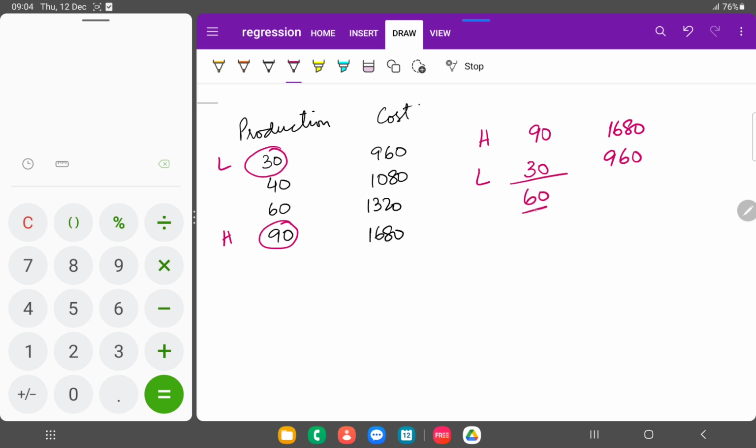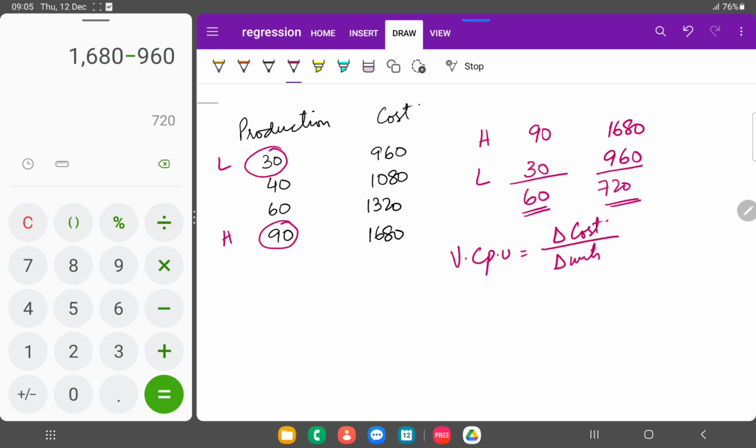The difference in units is 60 units, and the difference in cost is 1680 minus 960, that is $720. So what will be the variable cost per unit? Variable cost per unit is change in cost divided by change in units. So 720 divided by 60 equals 12. This means the variable element in this situation is $12 per unit.